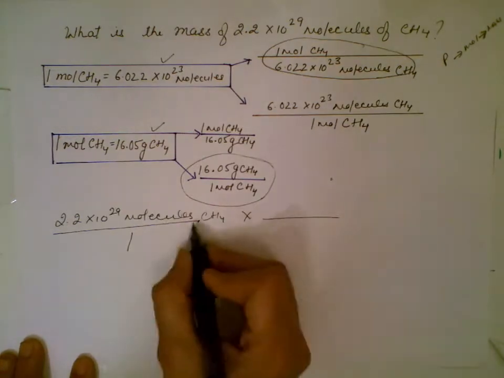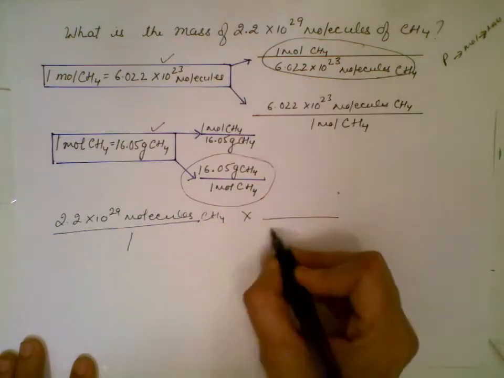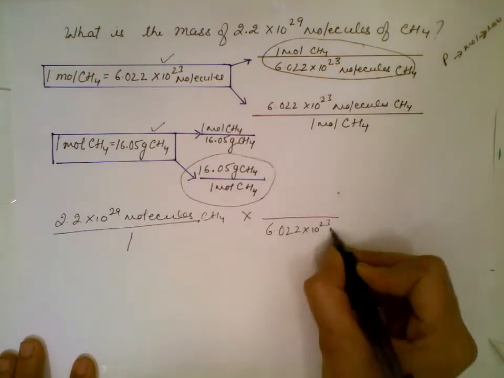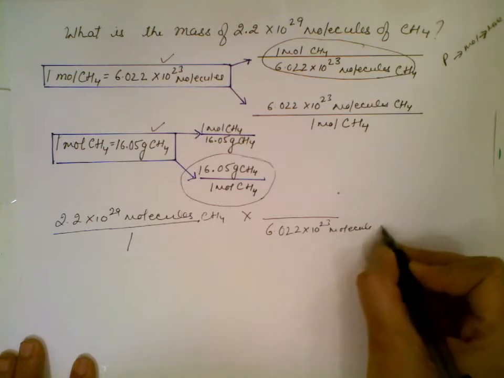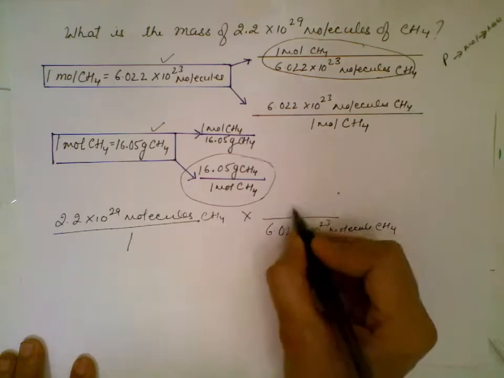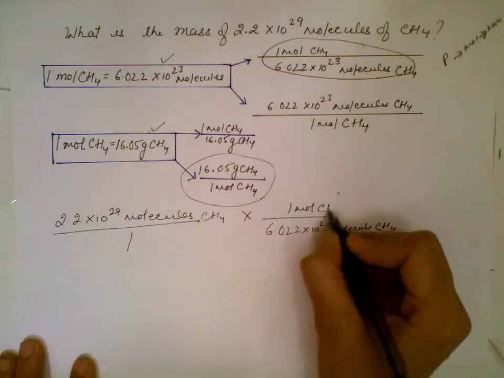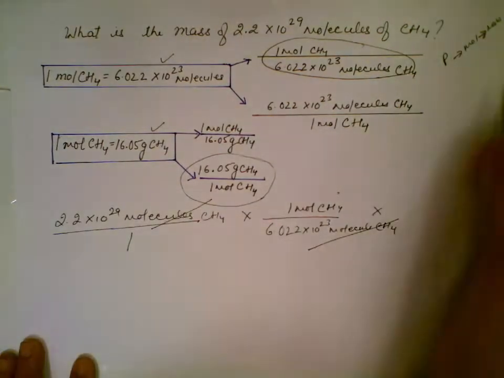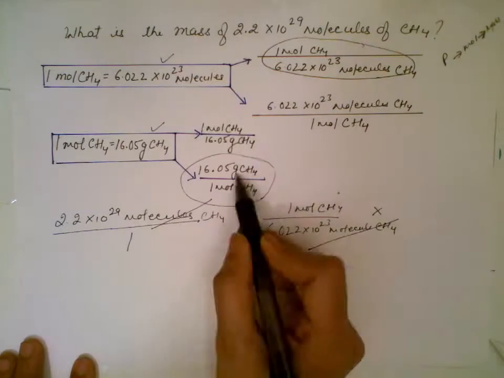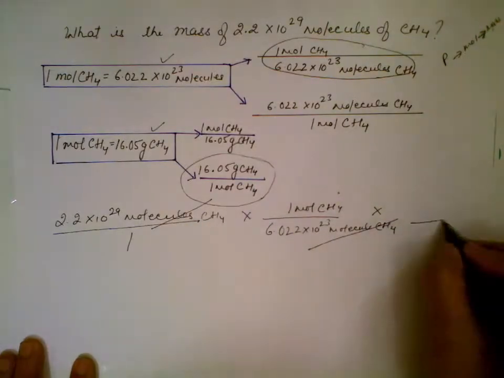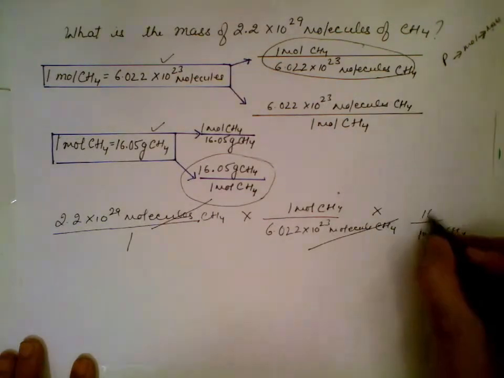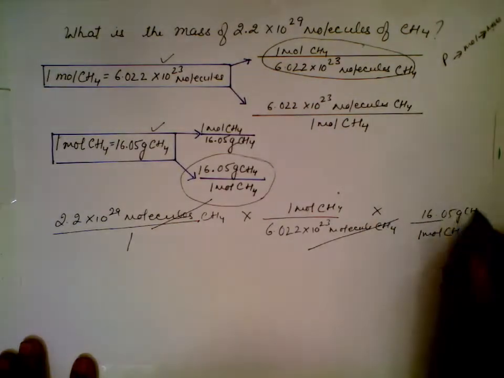We don't want molecules in our answer. This is the fraction we have picked. 10 to power 23 molecules of methane in 1 mole of methane. Cancel this and this. Now next we have to go to mass. Grams at the top. We don't want mole. 1 mole CH4, 16.05 grams CH4.